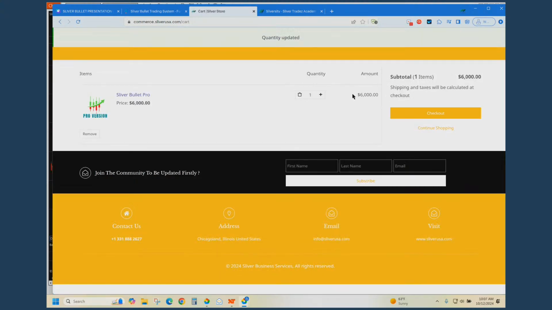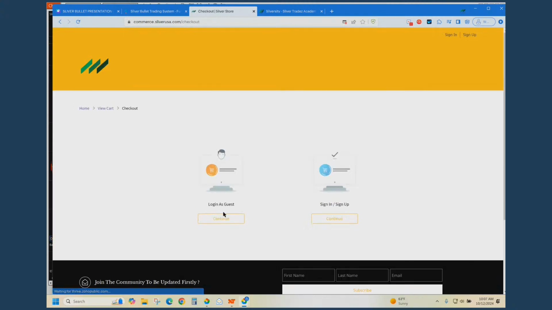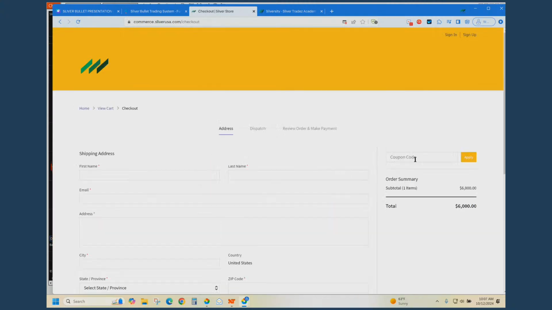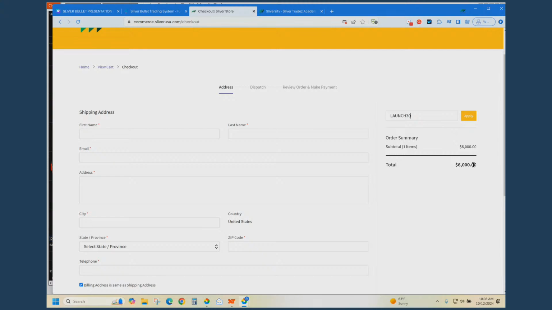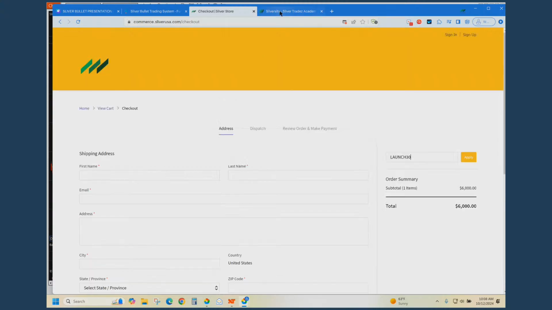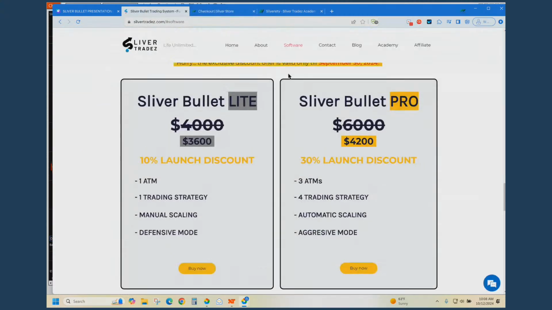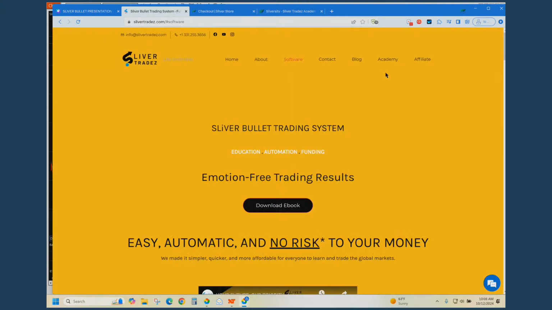And here you see the retail price. You check out as a guest. You don't need to sign up, just check out as a guest and enter the code launch30. When you apply it, you will get 30% off. Once you make the purchase, we'll send you a welcome link, and then we'll also give you access to our academy.